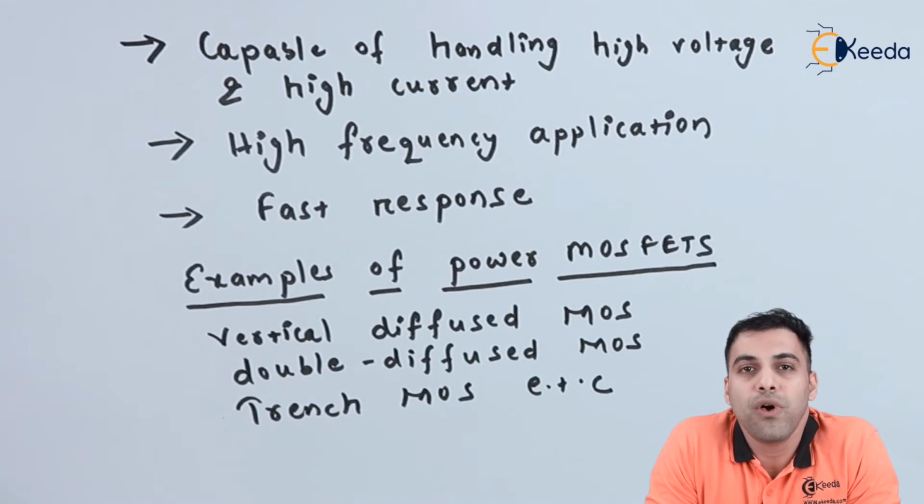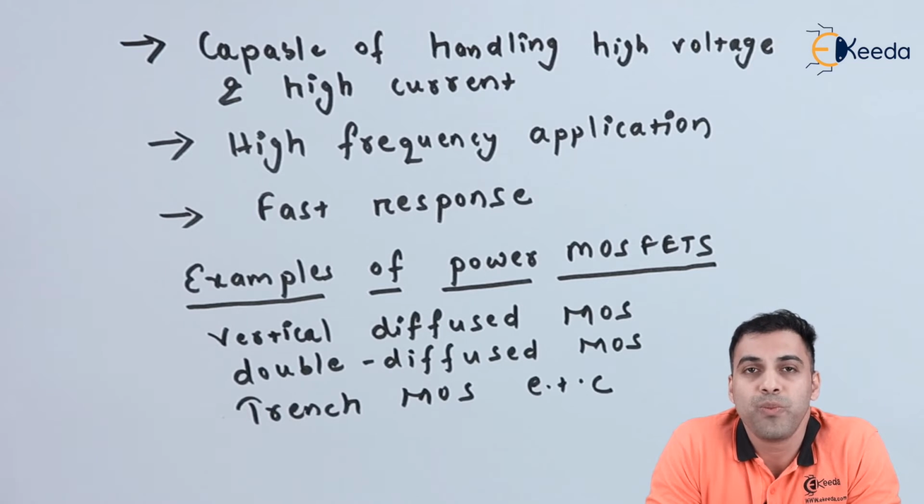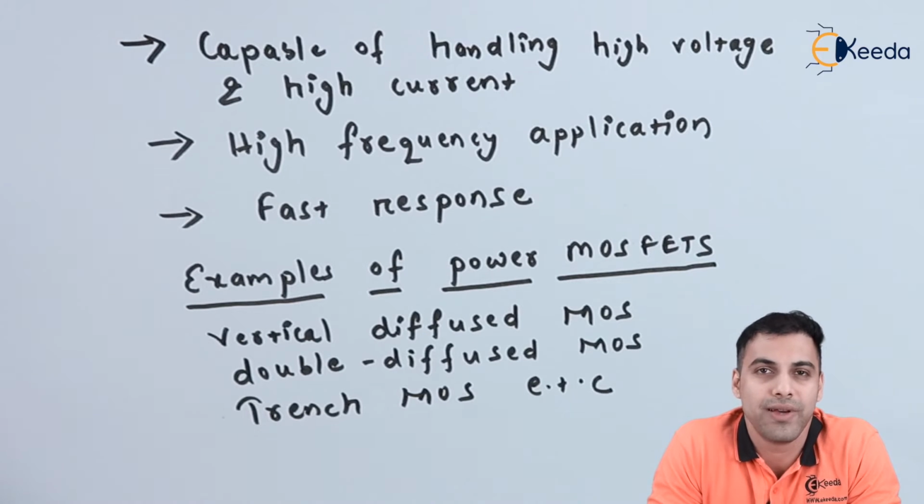So friends, if you can see this kind of power MOSFET, the doping level is extremely high. That's the only reason it is capable of handling an extremely high value of electric current and electric voltage.